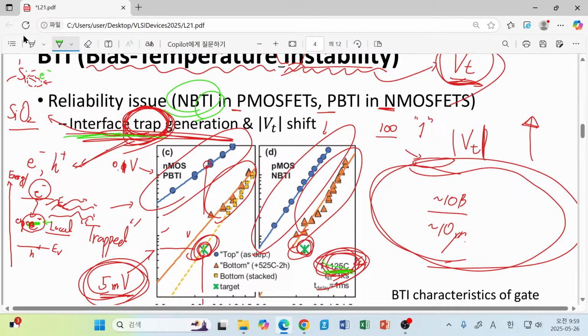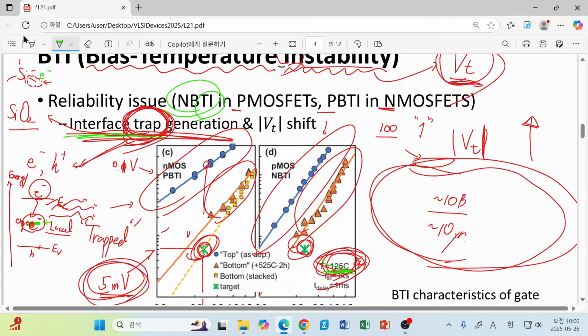So some of our atoms are moving, following the electric field. At the initial state, when we make a fresh device, we try our best to passivate our silicon dioxide layer. Therefore, the number of dangling bonds is minimized.